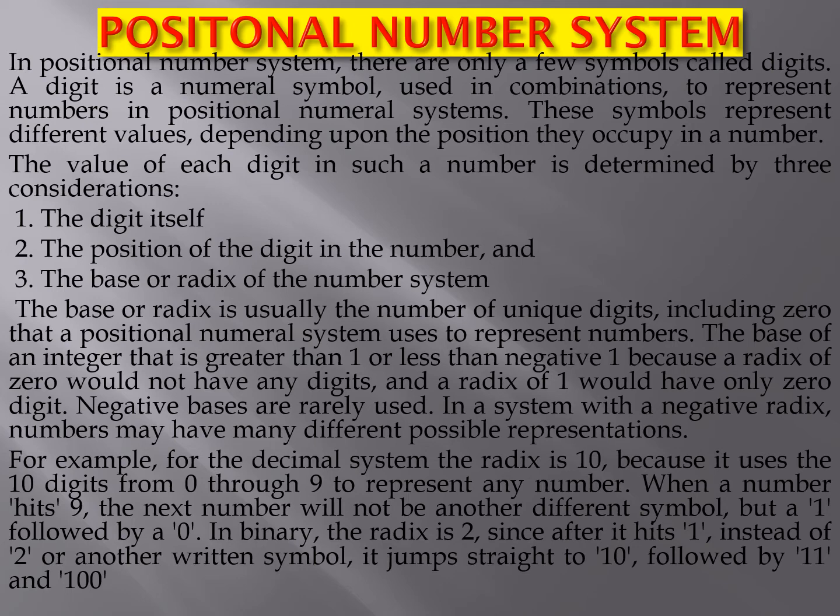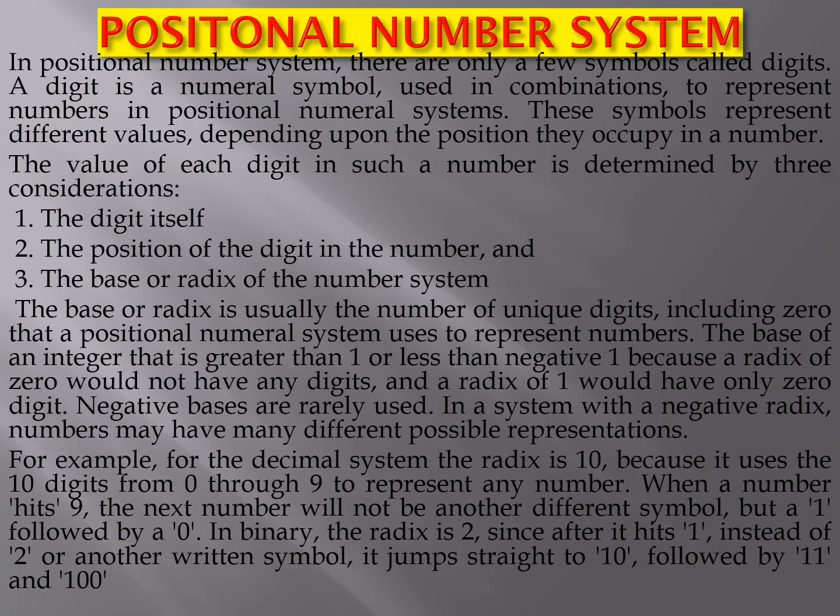Negative bases are rarely used. In a system with a negative radix, numbers may have many different possible representations. For example, for the decimal system, the radix is 10 because it uses the 10 digits from 0 to 9 to represent any number.